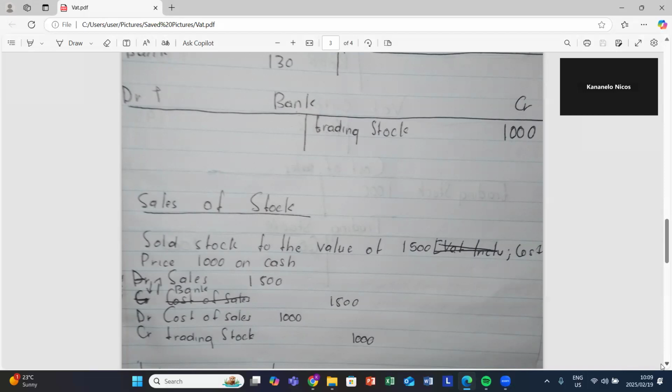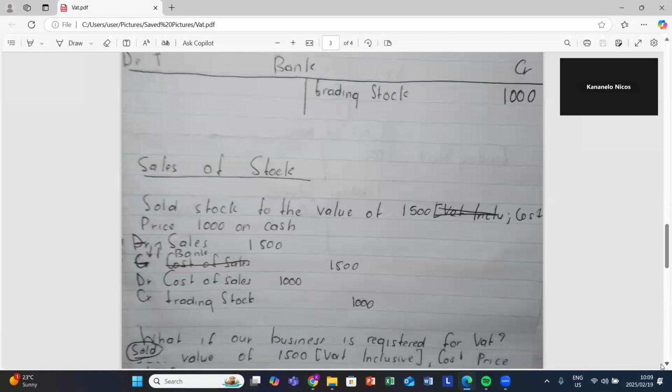Which four accounts will be affected? We know that three are always the same, and the other one is not constant. So let's make an example, okay? Let's just say that they are telling us that you have a transaction, sold stock to the value of 1,500, and then they provided us with the cost price.